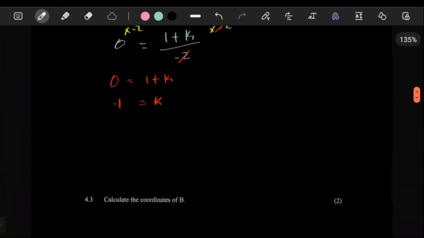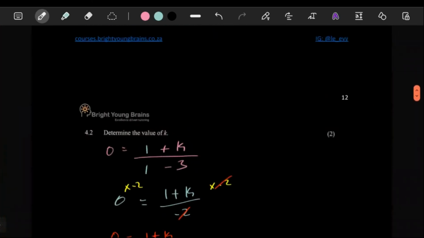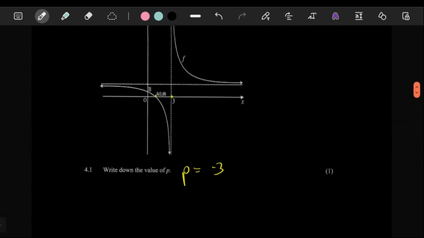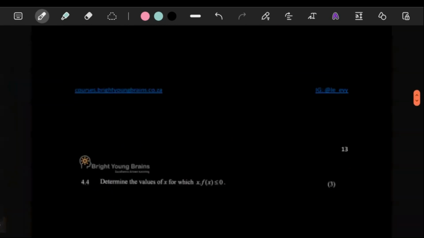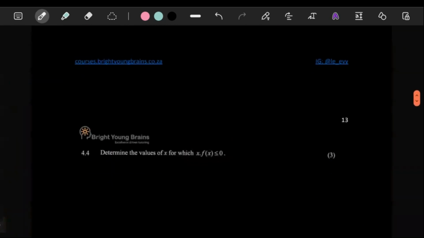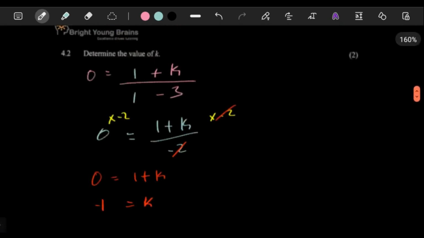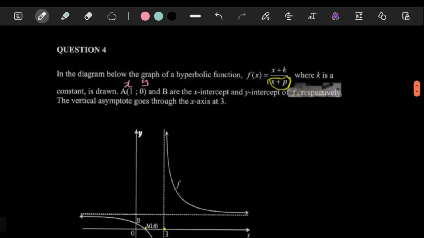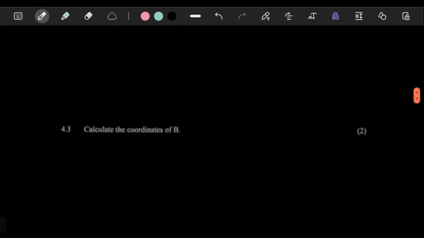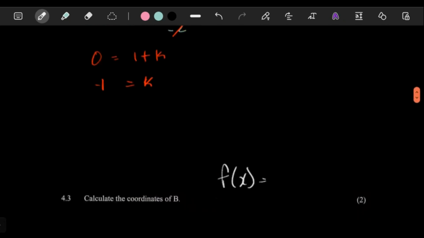So in the equation of our graph, with this kind of a setup, you don't even need to worry about the format, because the format can still get you what you want. The equation is f of x equal to something. What is the value of k? K was negative 1, right?